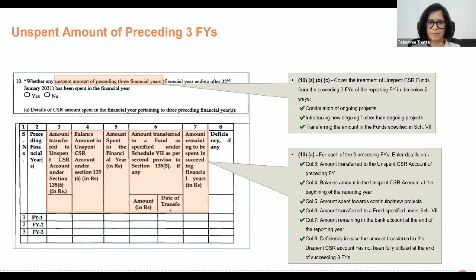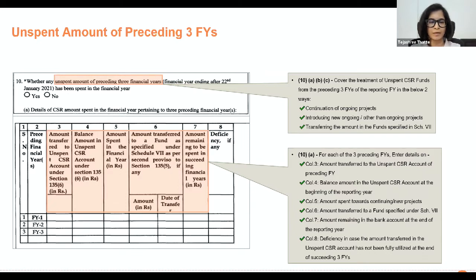And in the form of 21-22, you can consider the preceding year to be only 2021 and none before that. For the years of 2014-15 till 19-20, there is a separate section which will follow this section, which is section 11, and we'll look at that subsequently.